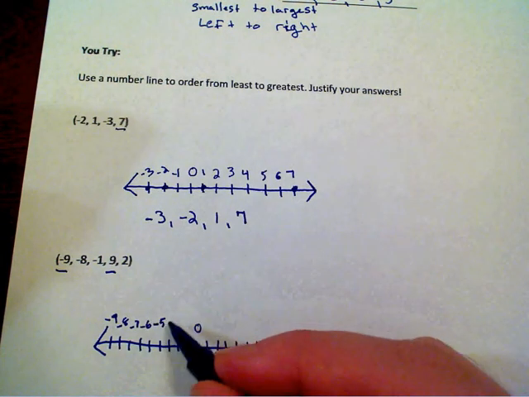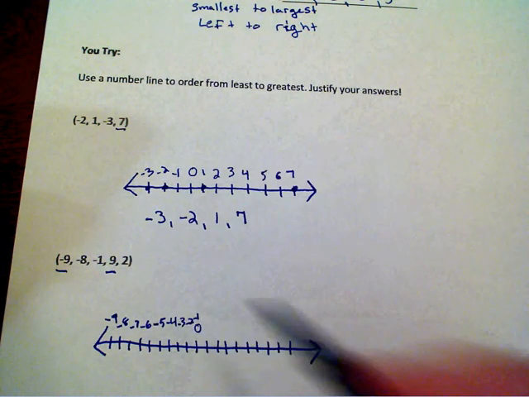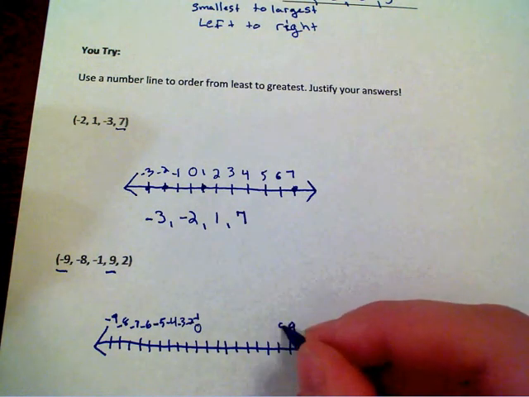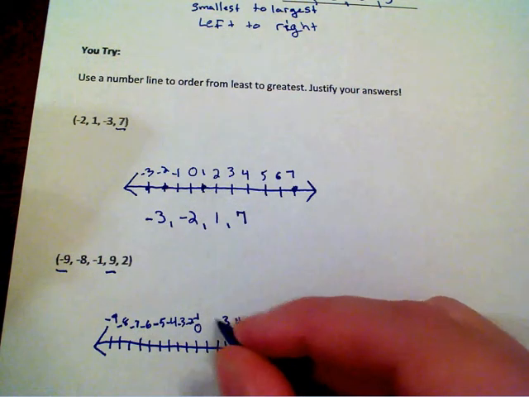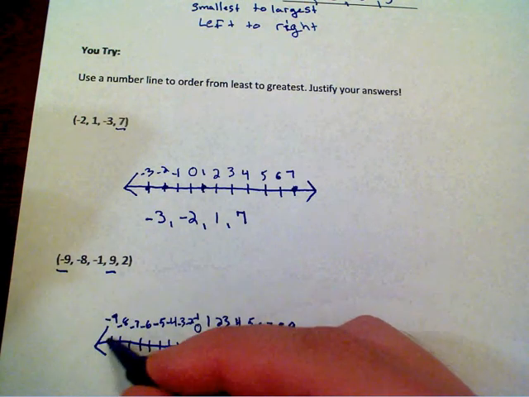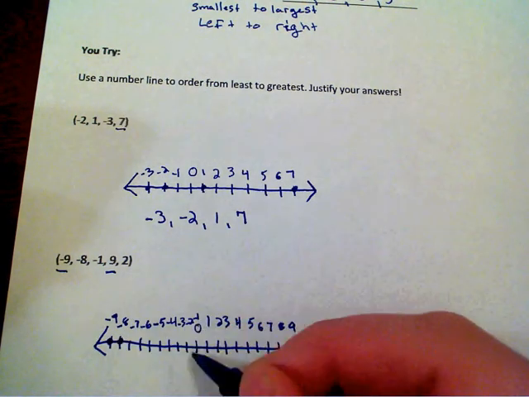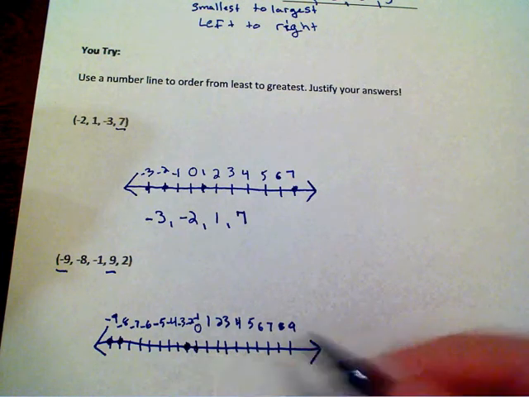Sorry if you can't read my handwriting, it's a little bit small. Counting 9, 8, 7, 6, 5, 4, 3, 2, 1 is a little bit easier to read. So I have -9, -8, and -1 right here.